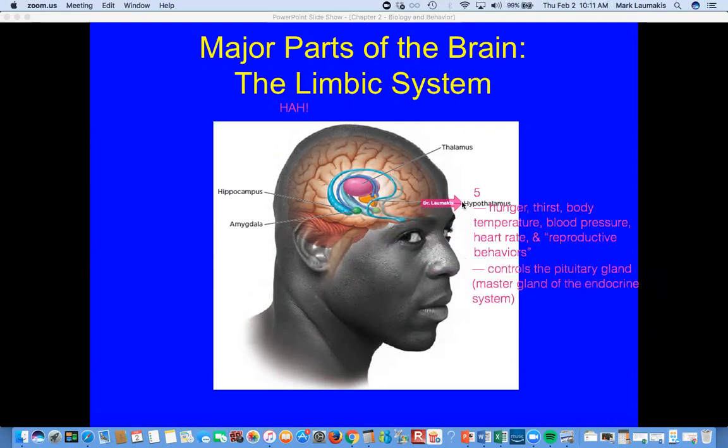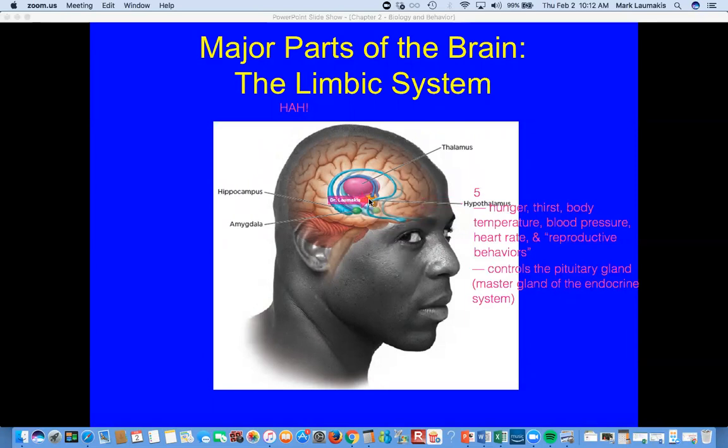And the thing that's in charge of the thing that's in charge is the hypothalamus. So the hypothalamus is in charge of the pituitary gland, which is in charge of the hormone secretion system here. Okay. So, wow. I mean, again, no unimportant parts of the brain, but that is pretty darn important.